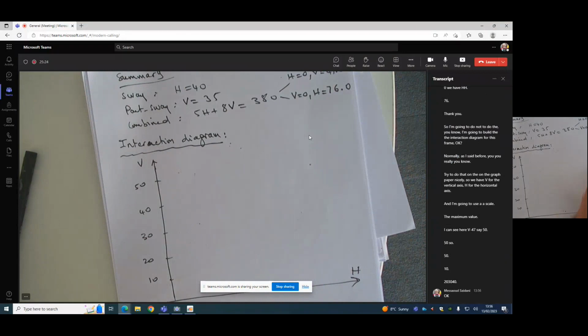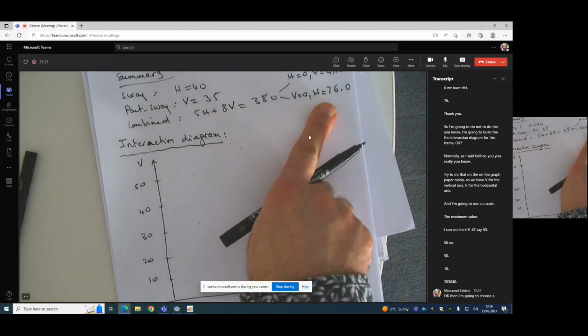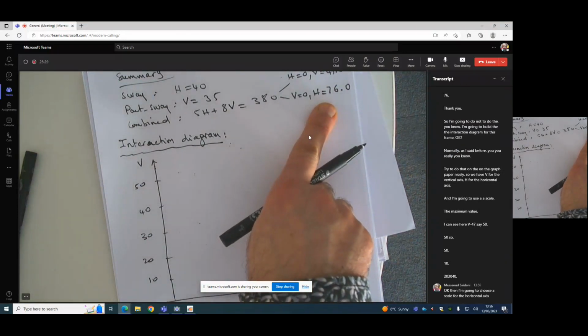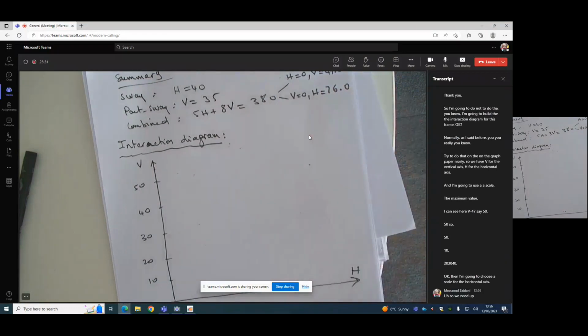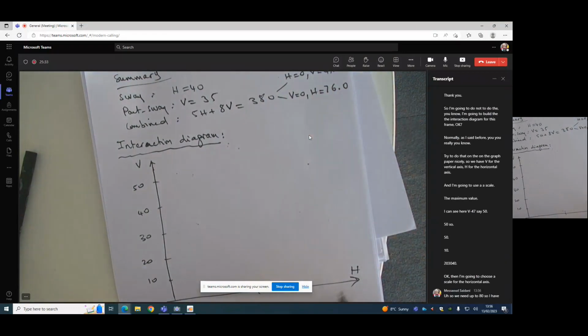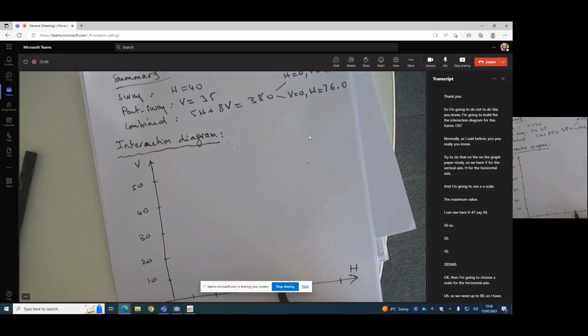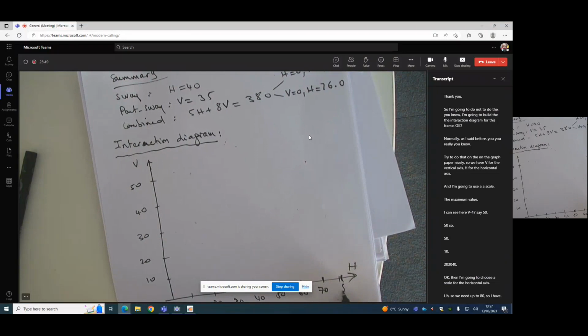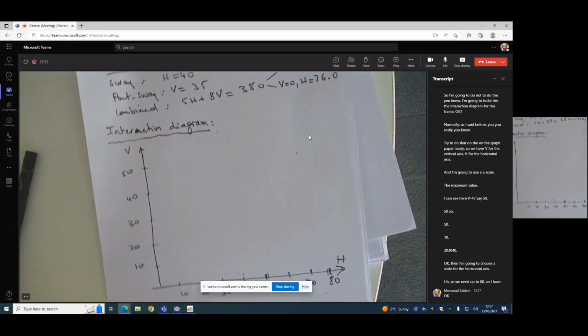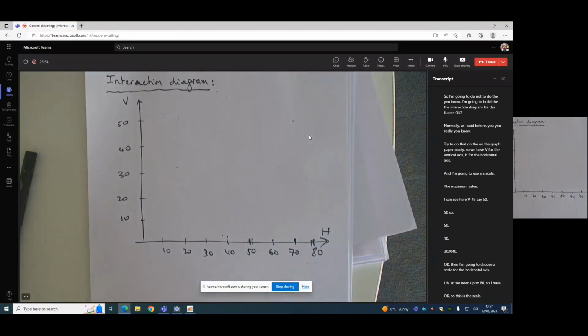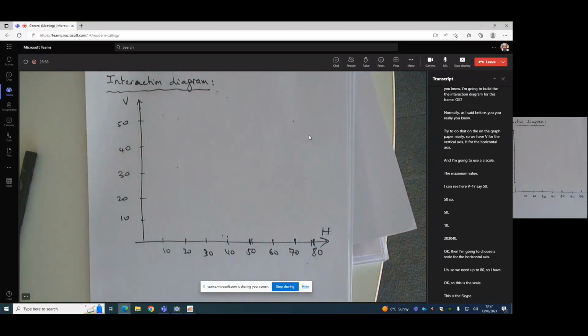Then I'm going to choose a scale for the horizontal axis. We need up to 80, so this is the scale.